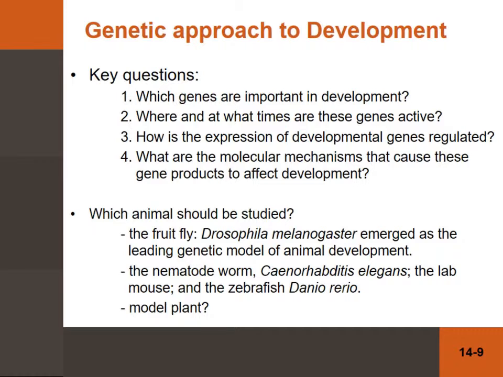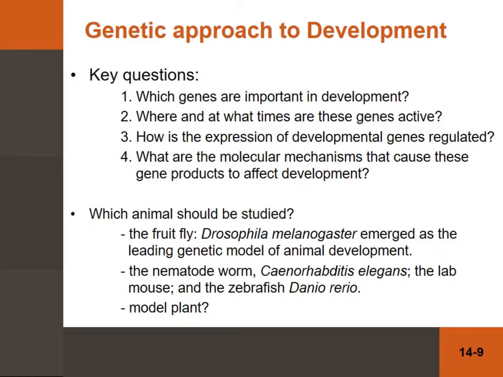The nematode worm, Caenorhabditis elegans, was also commonly used. The lab mouse was used for the study of vertebrates. And a more recent model organism, the zebrafish, became a favourite because the embryo was transparent.